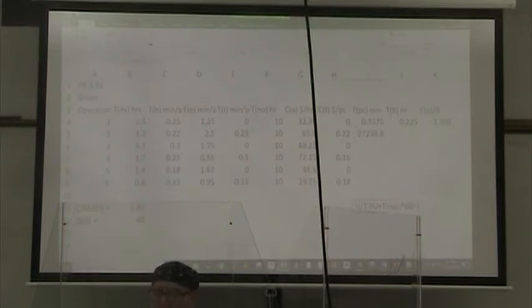Divided by 40 would be the time for setup and non-operation time for a single piece. Okay.